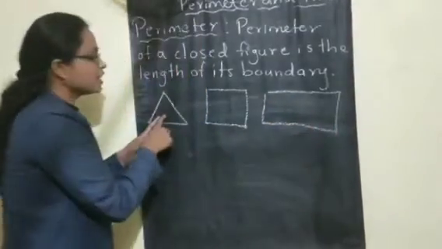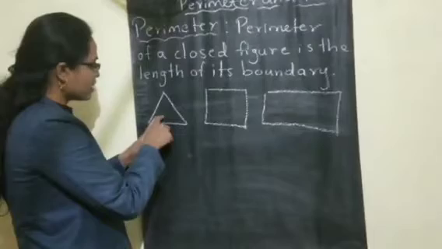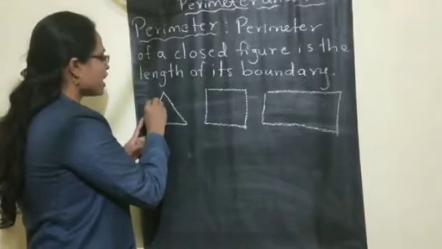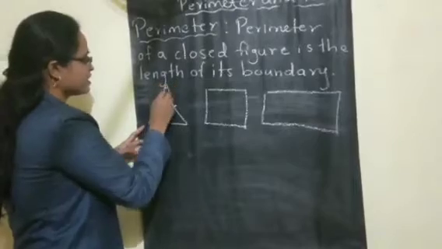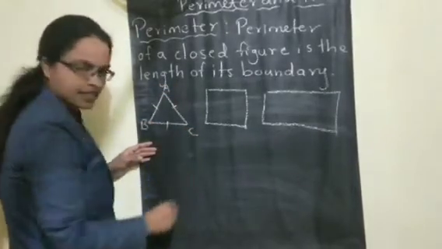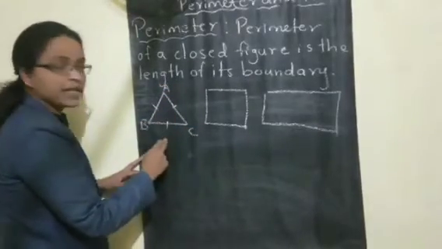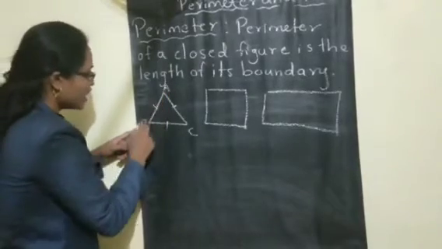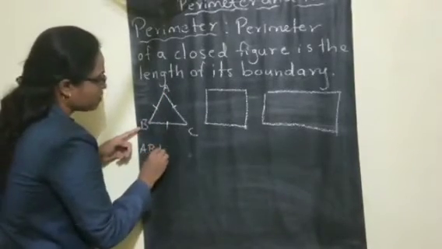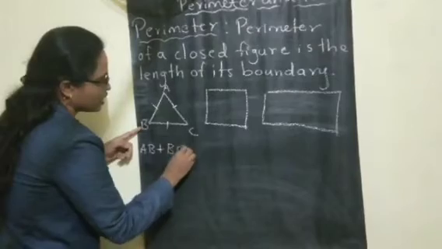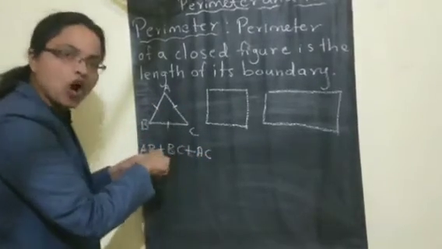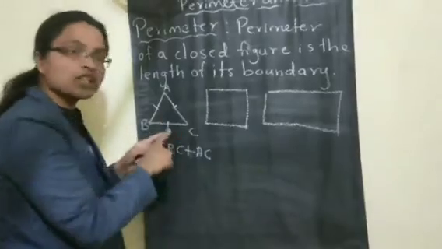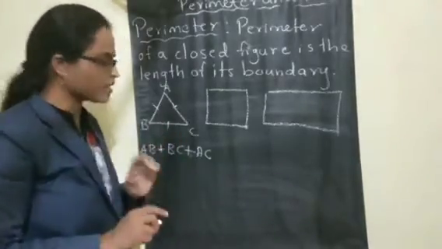How to find out the perimeter of a triangle? We only have to add these boundaries. For example, if it is A, B and C, how do we find the perimeter of the triangle? AB plus BC plus AC, meaning the addition of all the boundaries of a given closed figure, that is the triangle.